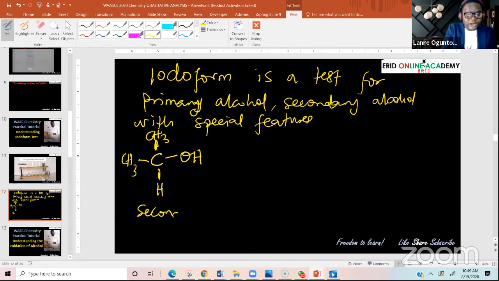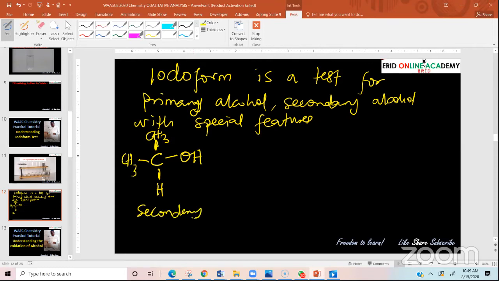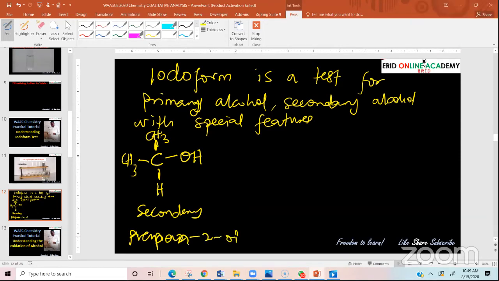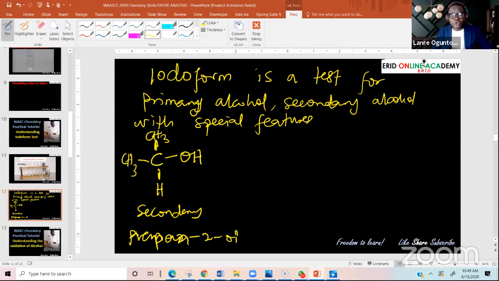If you look at this alcohol, this is a secondary alcohol. If I'm to name this substance, it will be propan-2-ol. This is the theory behind your work. Now let's look at another alcohol, ethanol.